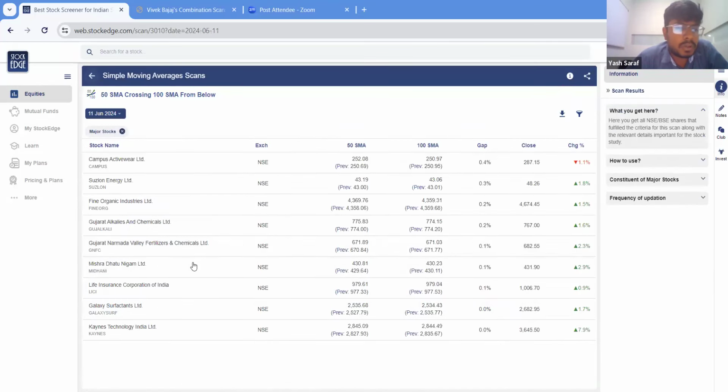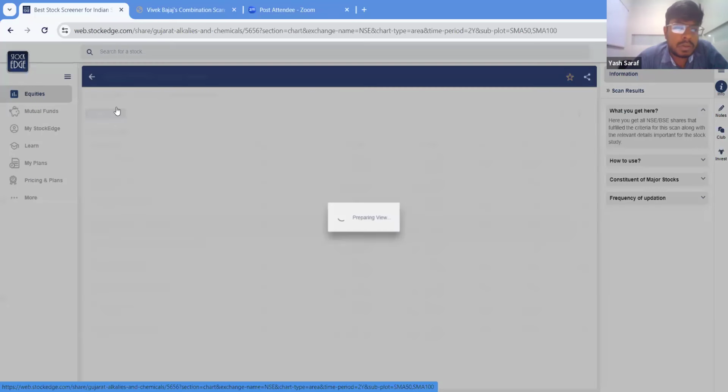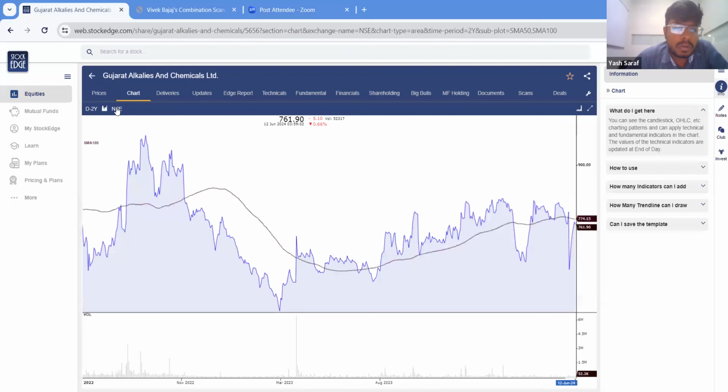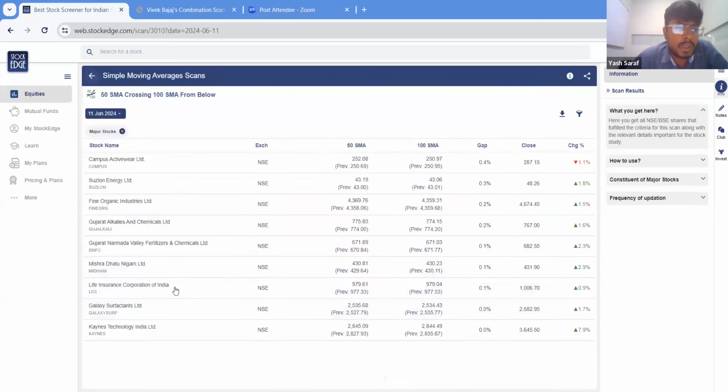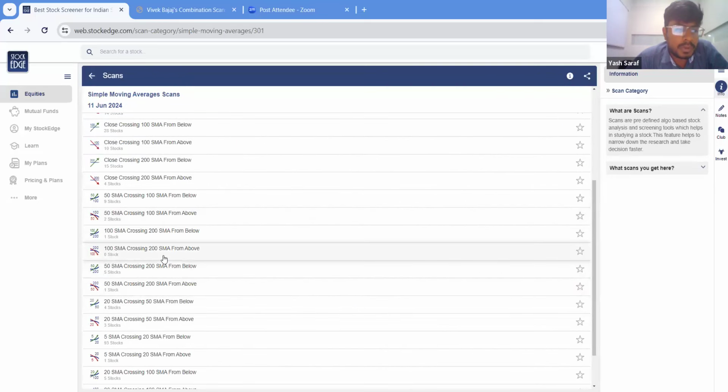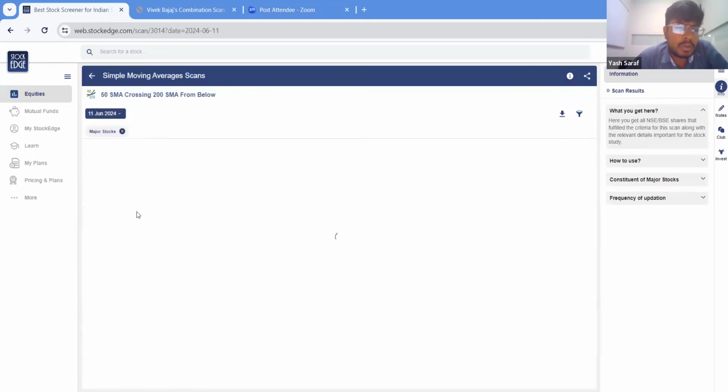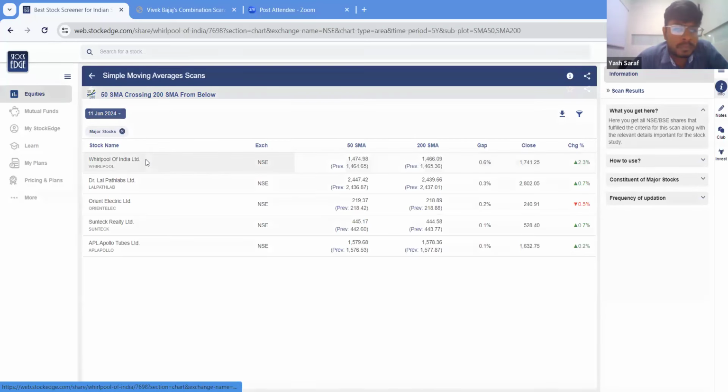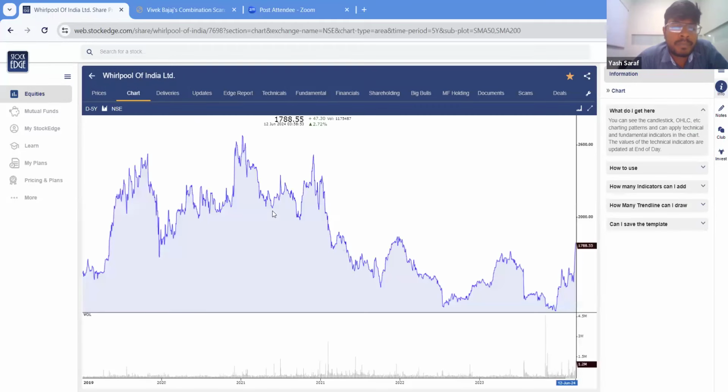That data is not there. Okay, let's understand from Whirlpool of India. I will explain both of these scans.